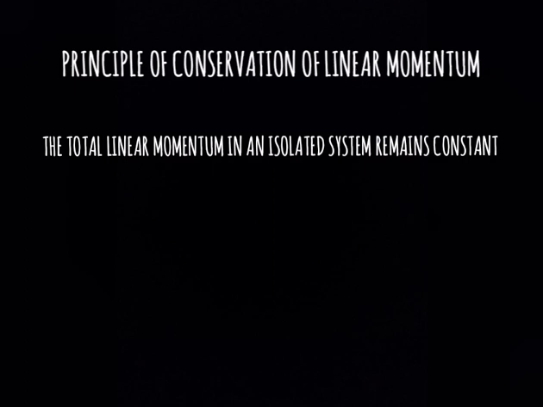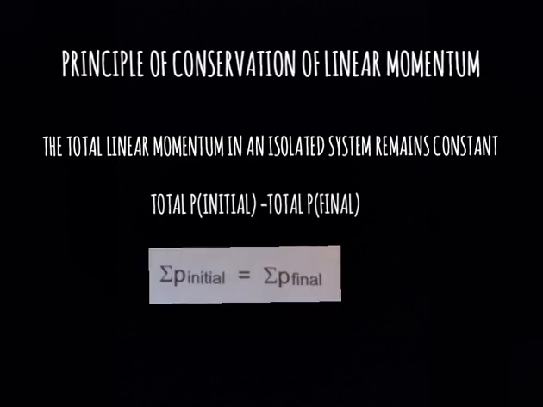The word total there is when we sum the initial momentum with the final momentum. So the total linear momentum in an isolated system remains constant. Its formula is total P initial equals total P final, where it is not delta but sigma: sigma P initial equals sigma P final.